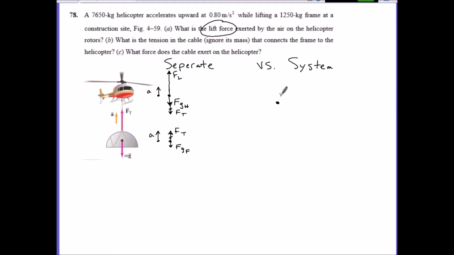So now we have this as a system. We have a lift force that we're still going to be calculating, a weight force on the helicopter, and a weight force on the frame. We don't have to draw those tension forces because as a system, those two forces would cancel each other out.